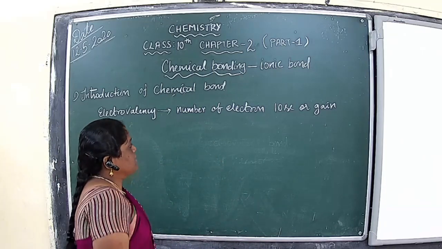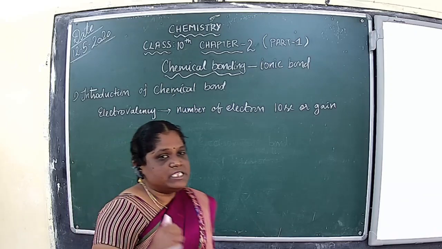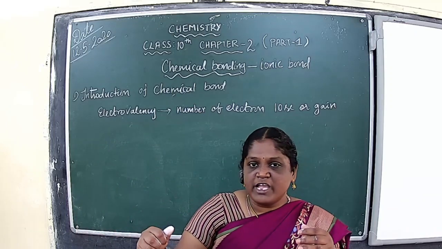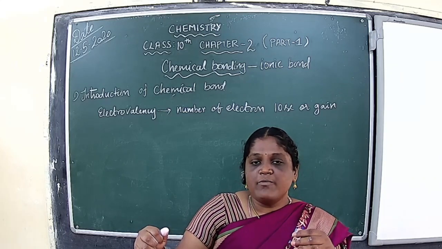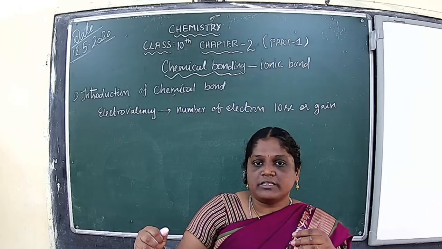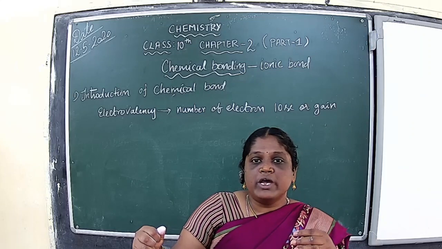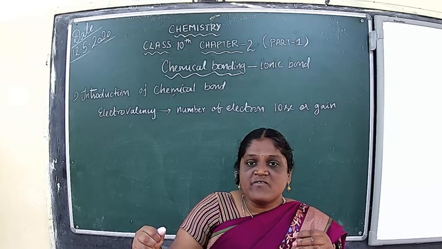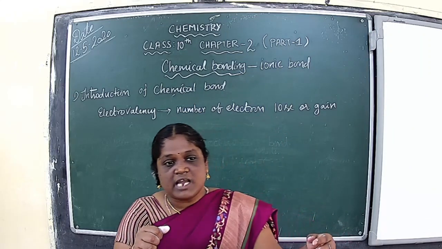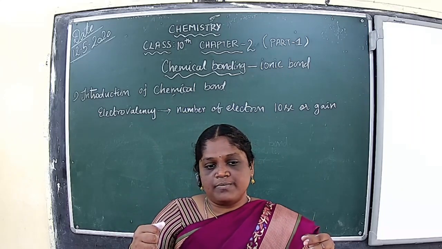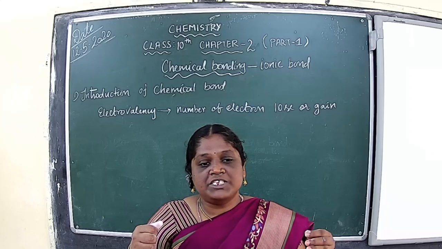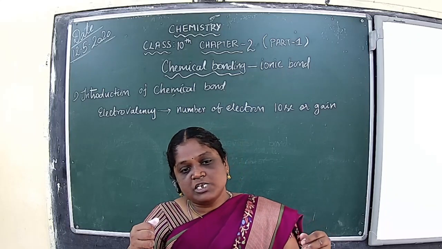That is known as electrovalency. An ionic bond is a type of chemical bond where ions are present. These ions bind together by electrostatic force of attraction. Electrostatic force. Clear? Between oppositely charged ions.